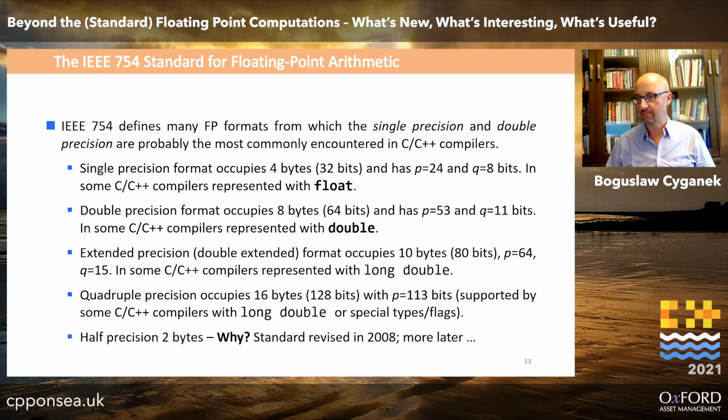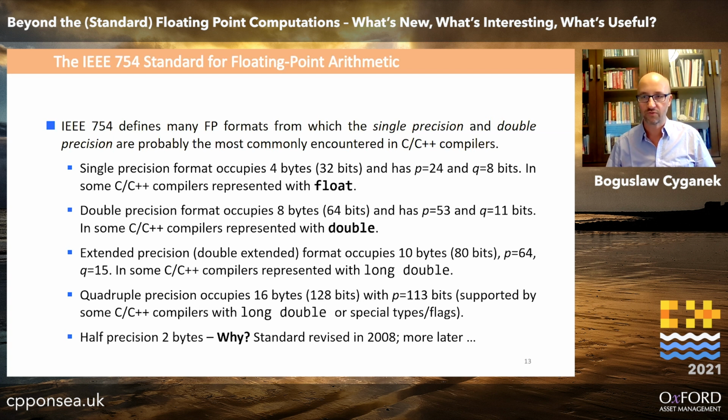But recently, after the first release, after a couple of years, the standard was improved and half precision was added. So it is going slightly in the counter direction, because we would expect, okay, we have bigger machines, we need more precision, we need more dynamics for data. So we would just be devising longer formats, but we go the other way.